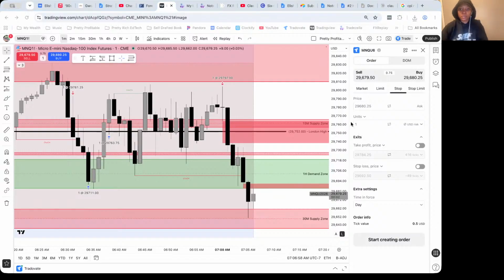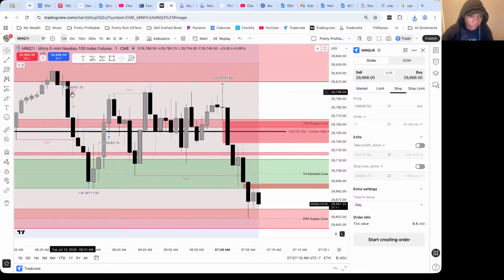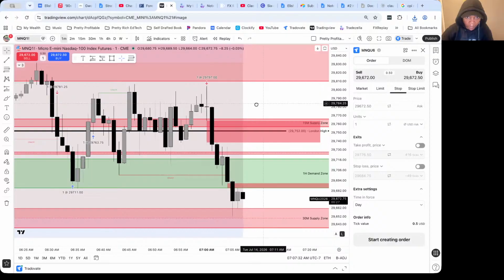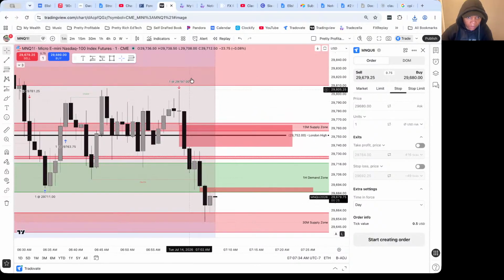Alright, so we might as well do it live. Want to see this? That was a good one. Got an entry, caught up here, waited to be patient through the consolidation. But this never touched this supply zone. When I sold here, it formed a new gap.